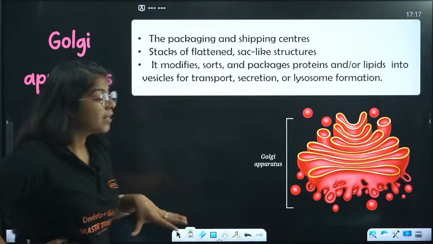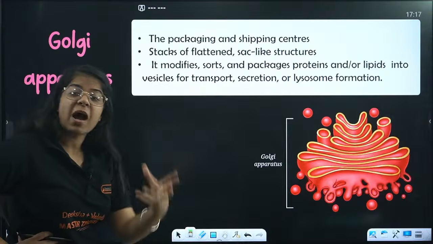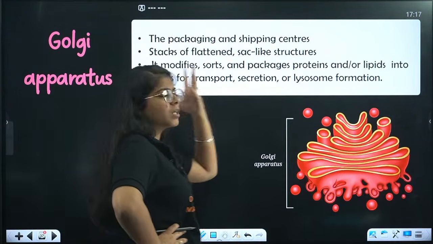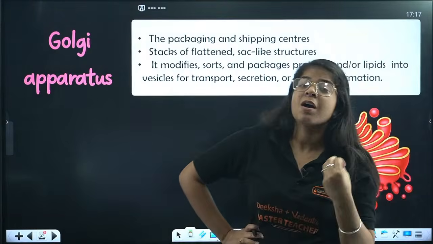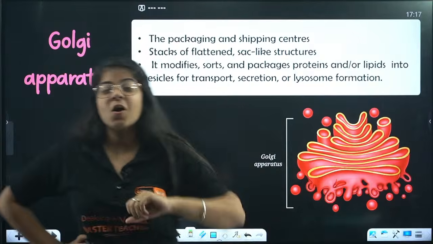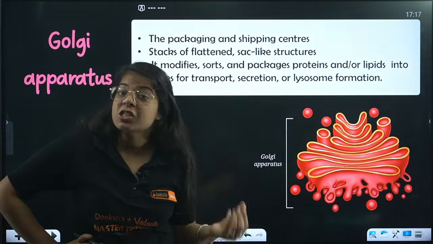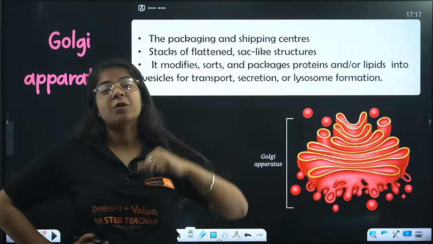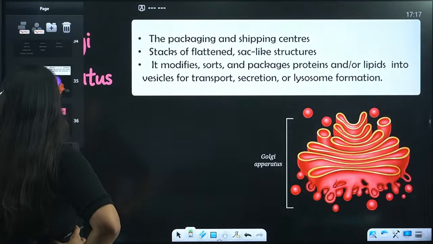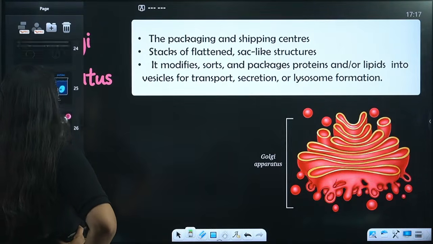So this Golgi apparatus is the storehouse of the cell. It's the packaging and shipping center. It packages, modifies, and sorts the proteins, which helps in transportation and secretion, and this is the exact organelle that produces lysosomes, the suicide bag of the cells, remember?